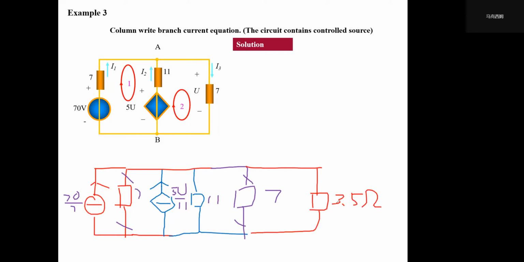And we can just calculate the total resistance of these two branches. So everything goes back to its original form. So instead of listing the KCL and the KVL equations directly, we can just transform this kind of problem into another form. Both are right.